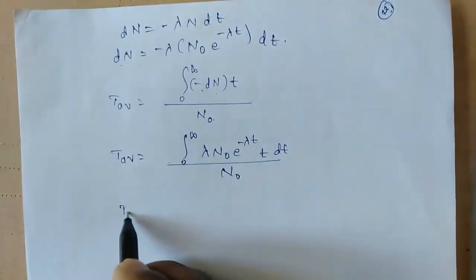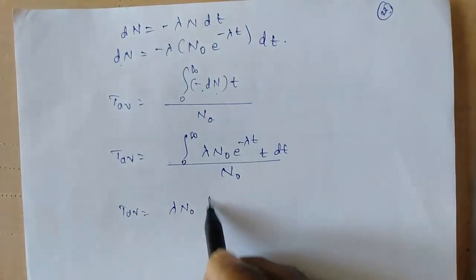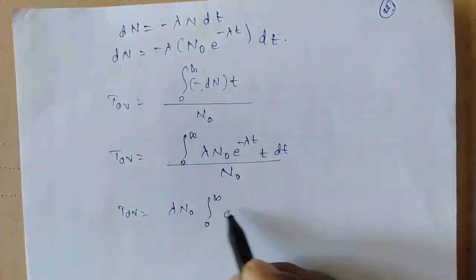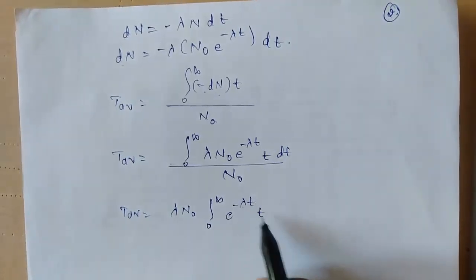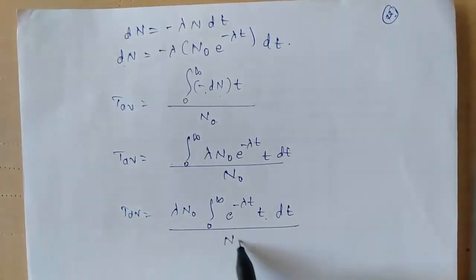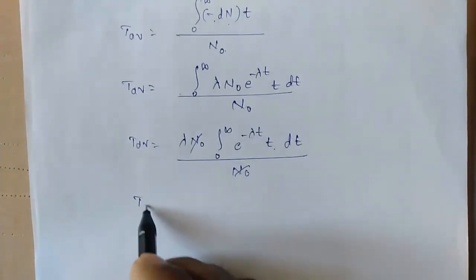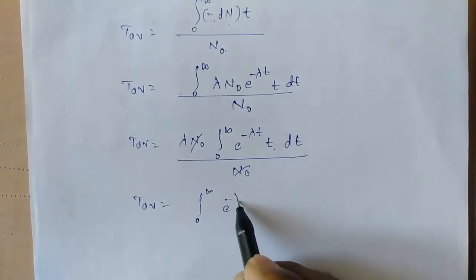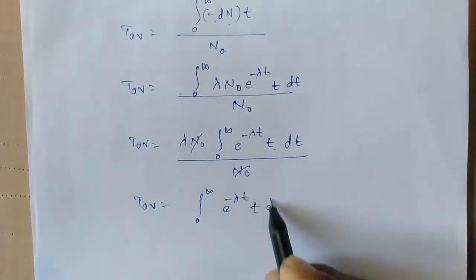Take lambda into N naught outside the integration, so within the integration we have e to the power of minus lambda t into t into dt, the whole divided by N naught. This N naught and N naught cancel.